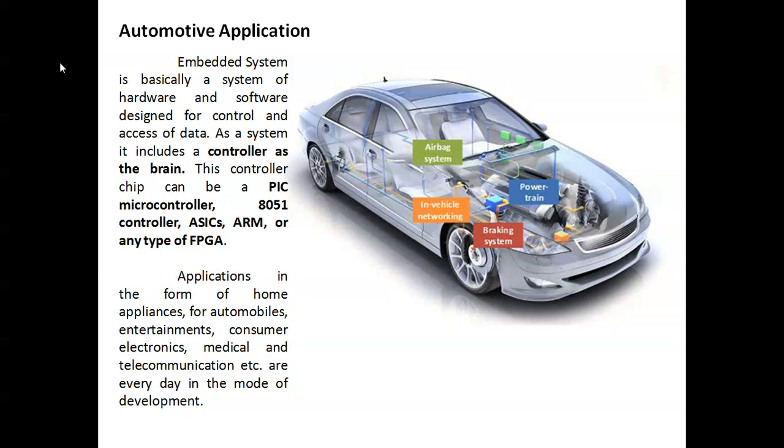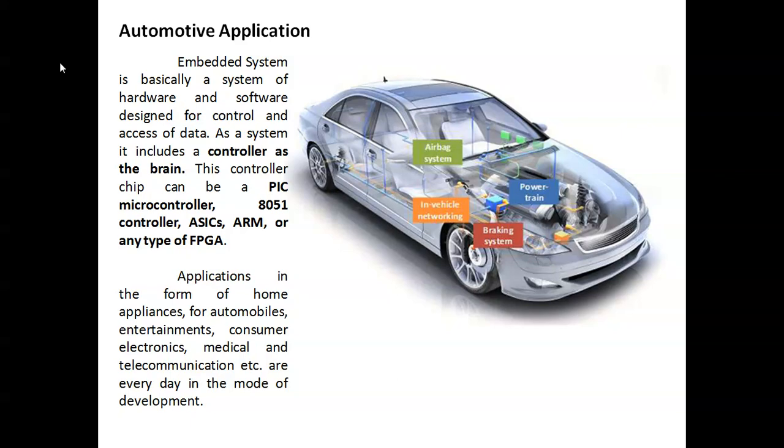Under embedded systems, consider automotive applications. In automotive applications, the system works automatically without a human interface. Just as our brain controls the whole human body, a controller is considered the brain here.